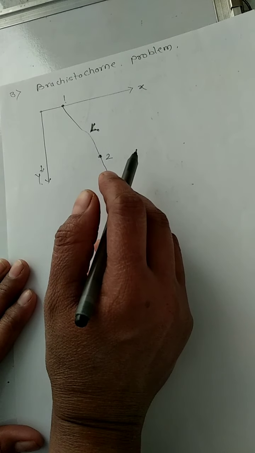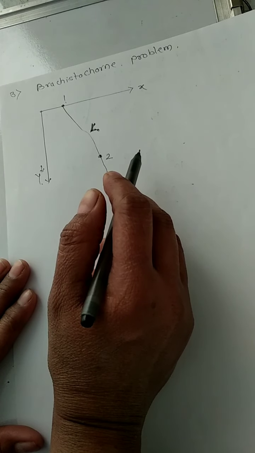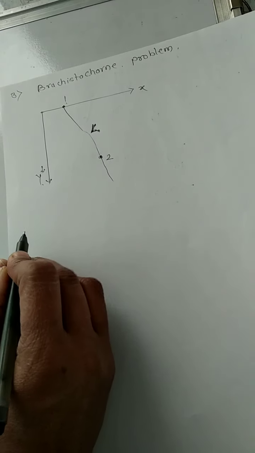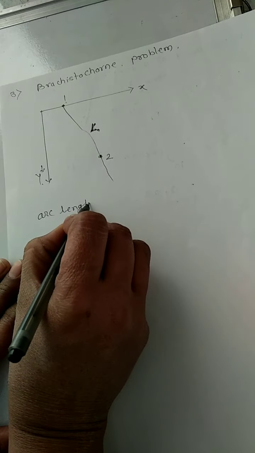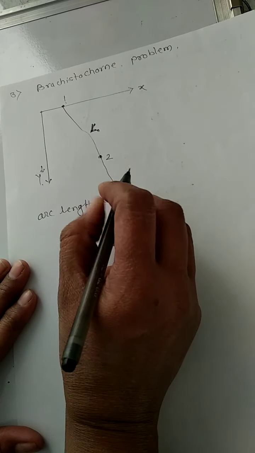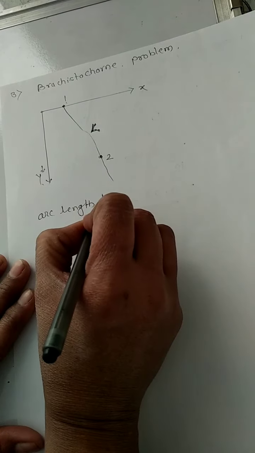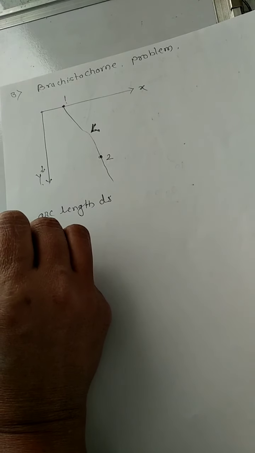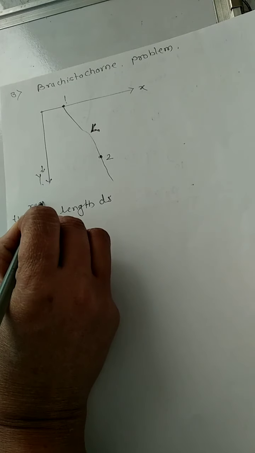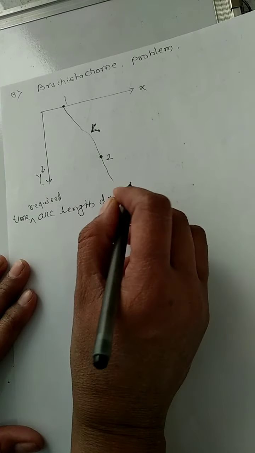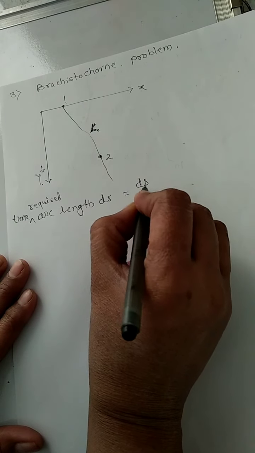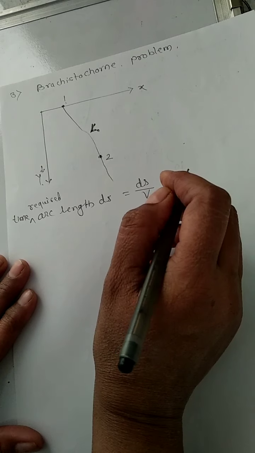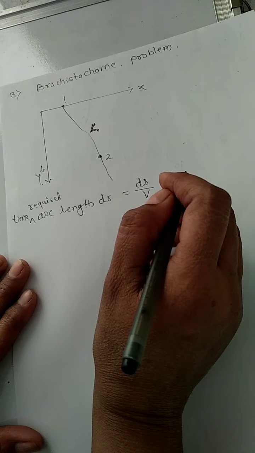The time required to travel an arc length ds is ds upon v, and the problem is to find the minimum of the integral.